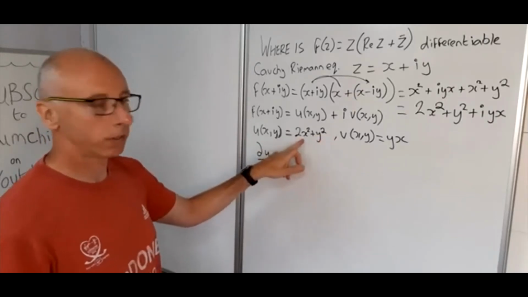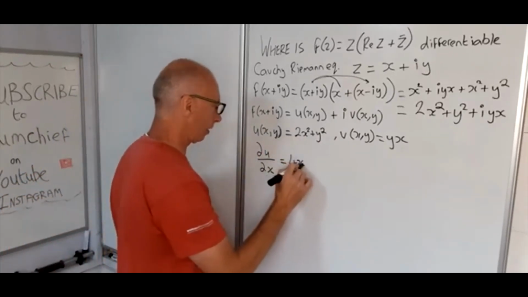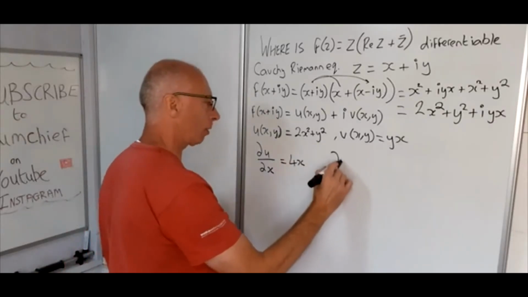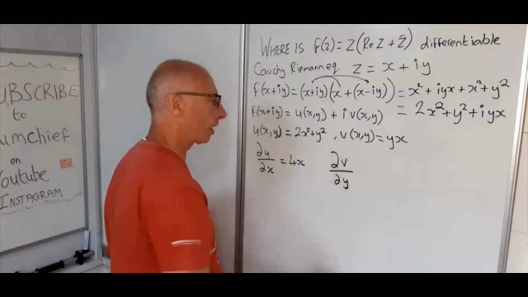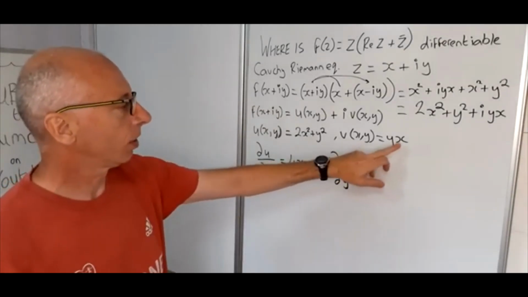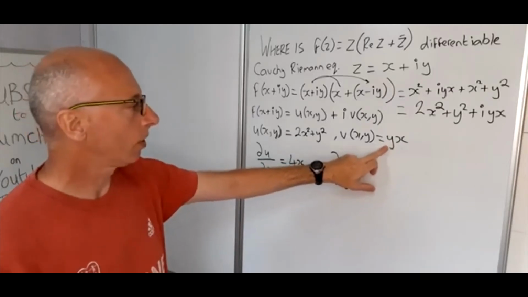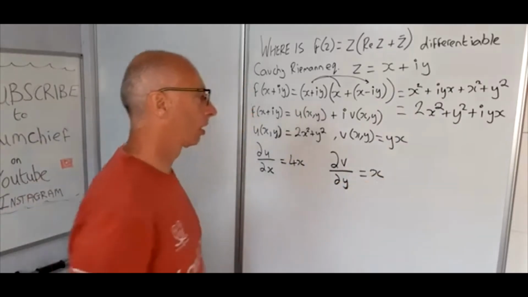Then we just take the derivative of 2x squared, which is just 4x. Okay, now we'll take the partial derivative of v with respect to y. So here x is the constant and y is what we want to take the derivative of, so therefore we'll just end up with x.